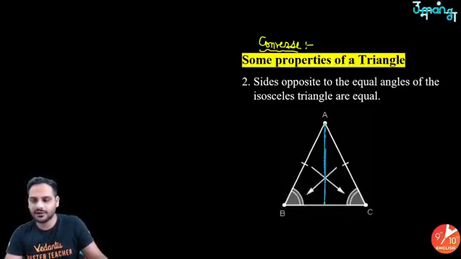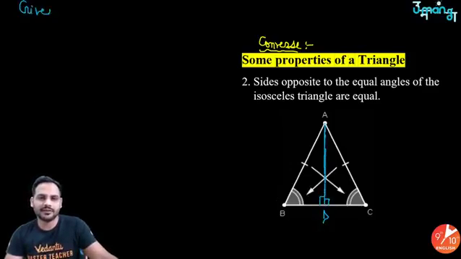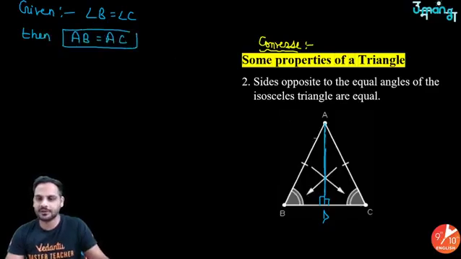How will it work? Look, if I drop this perpendicular here, I have been given that angle B is equal to angle C, and I have to prove that AB is equal to AC. So I have dropped this perpendicular.